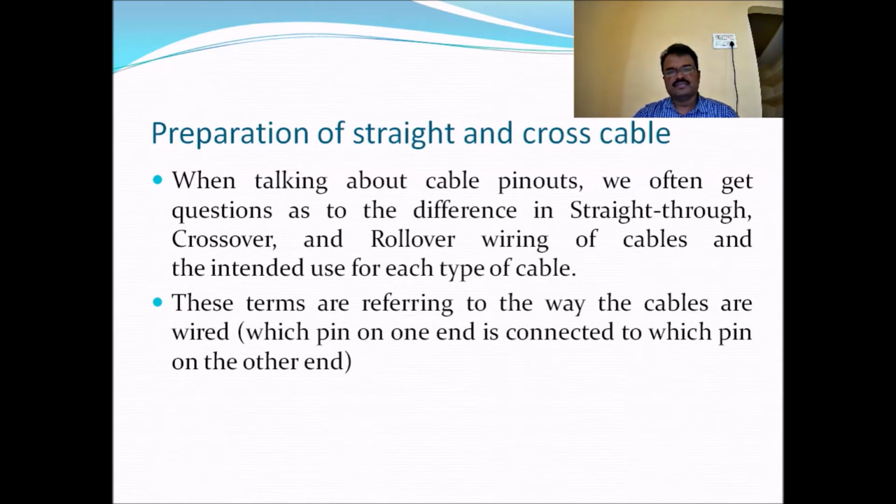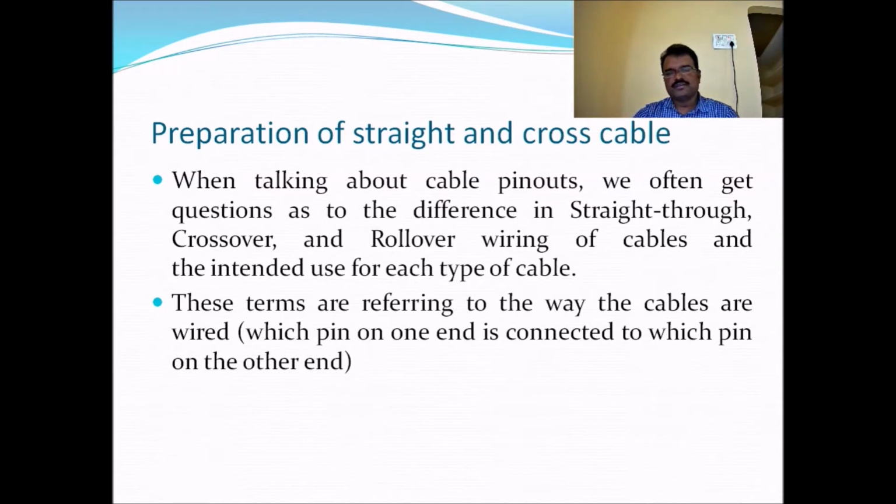So there are 2 types of cabling in this, straight cabling and cross cabling. While preparing the twisted pair cable for LAN networks, we have to follow either the straight cabling method or the cross cabling method.